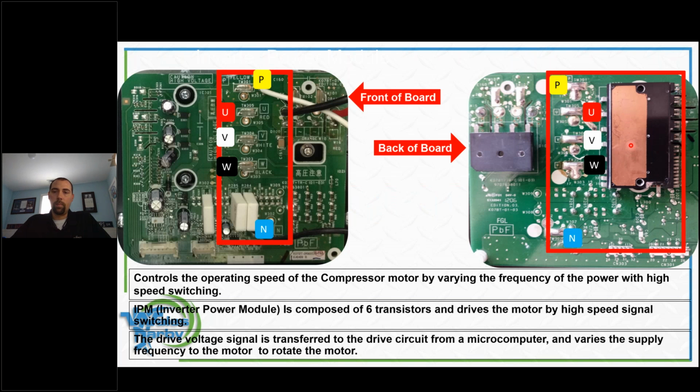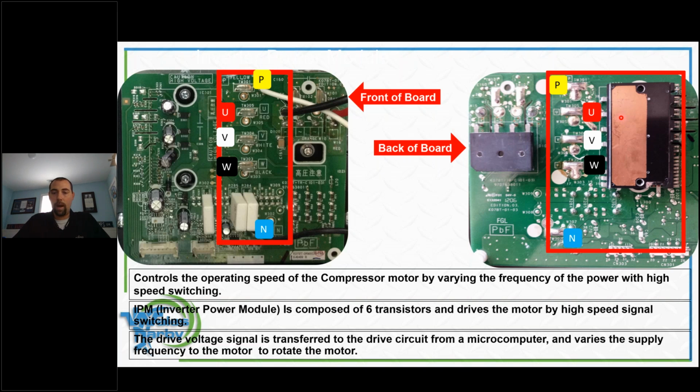Inside this chip, most of the contactors you're used to are two-pole, right? Maybe if you're doing three-phase work, you've got a three-pole contactor. Well, this is six switches. There are six transistors in here that are opening and closing. Based on the speed at which we open and close them, and which ones we do, we simulate three-phase DC power to the compressor.